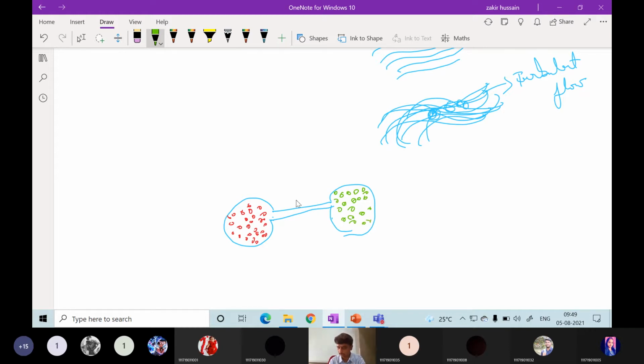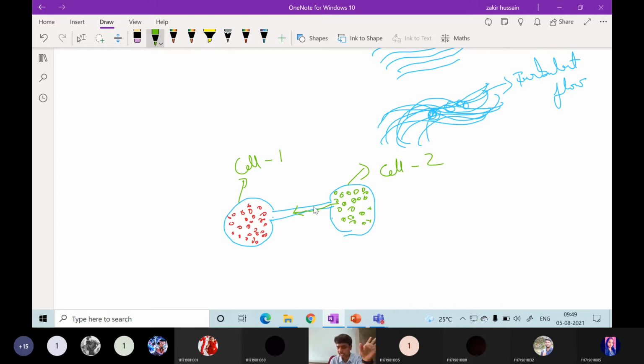Whenever you remove the plug, whenever you open the valve, what happens? The molecules have to travel from this cell to, let us say, cell 2. This is cell 1, or vessel 1, and vessel 2.